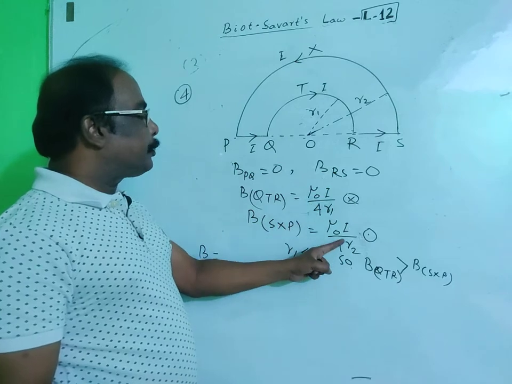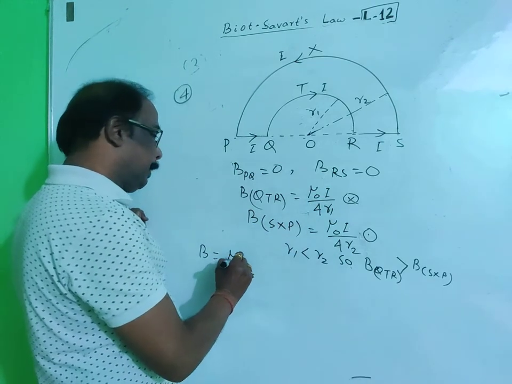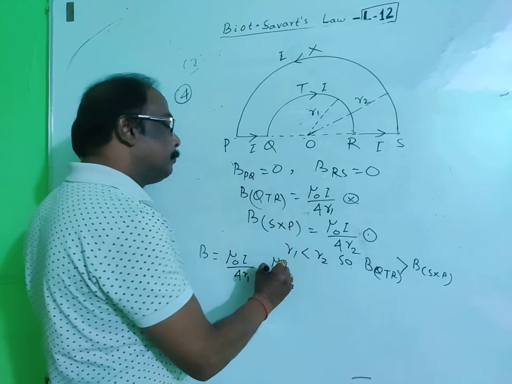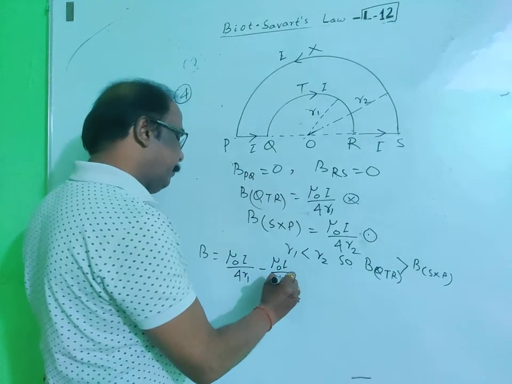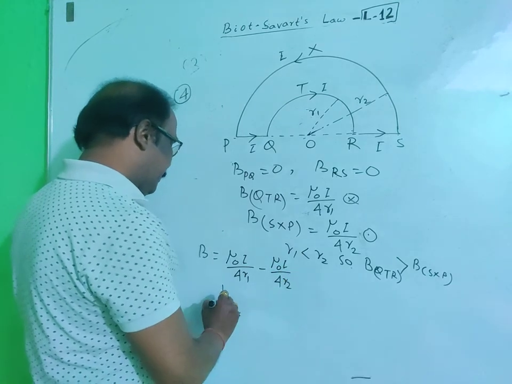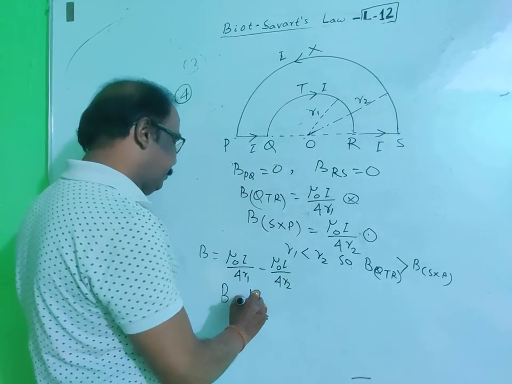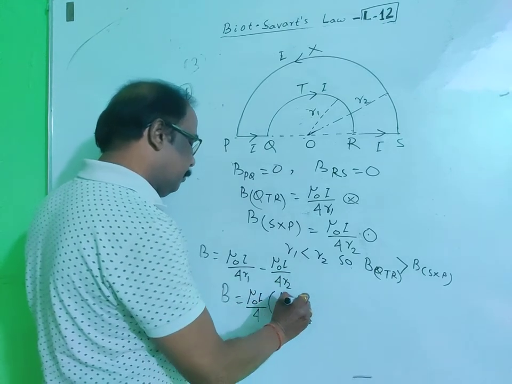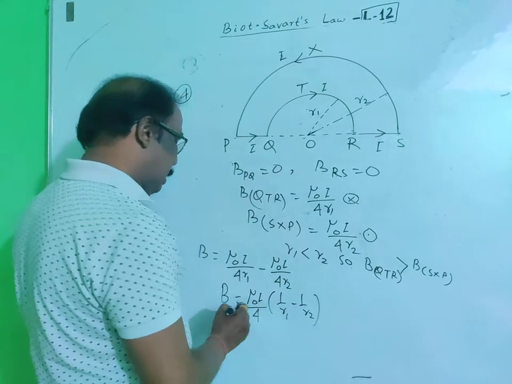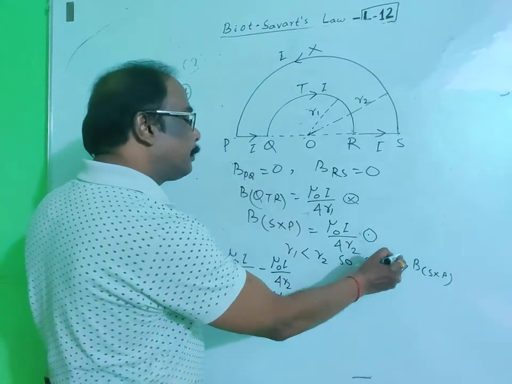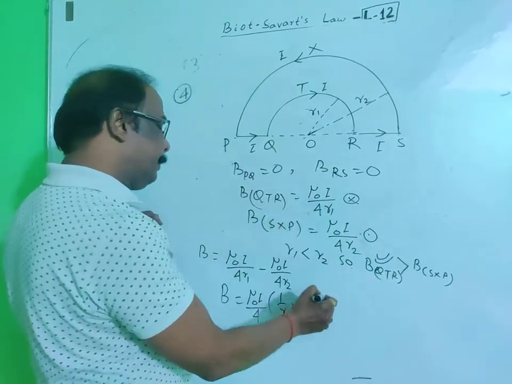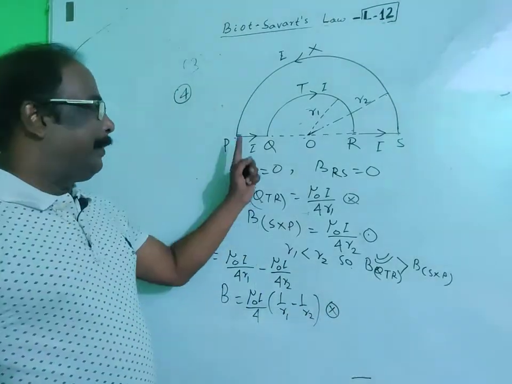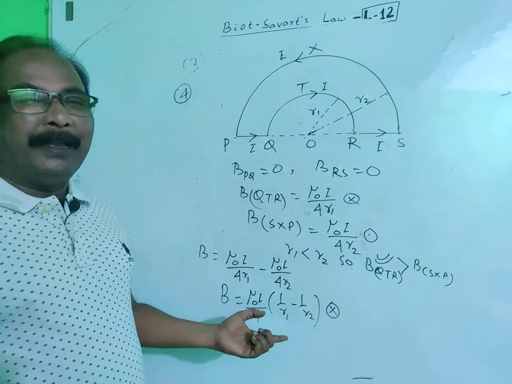This is greater, this is smaller, so mu naught I by 4R1 minus mu naught I by 4R2, and magnetic field is mu naught I by 4 into (1 by R1 minus 1 by R2), and direction will be along the direction of the greater one, QTR, meaning the resulting magnetic field is cross. Is it clear?